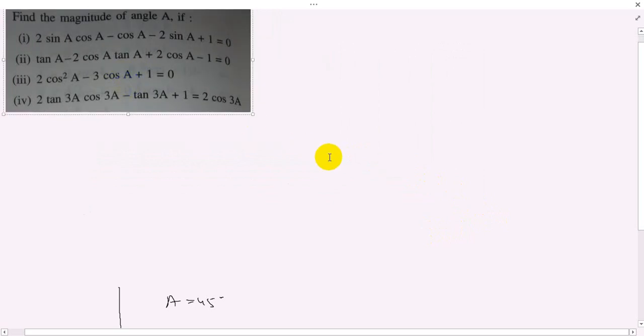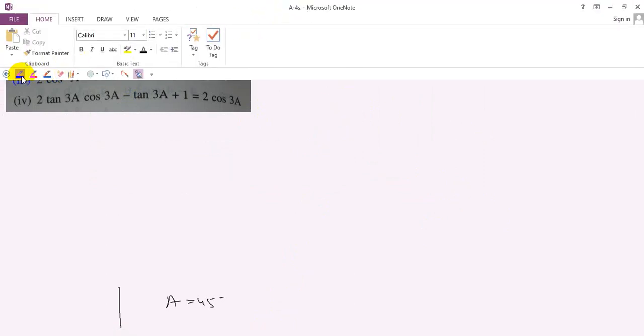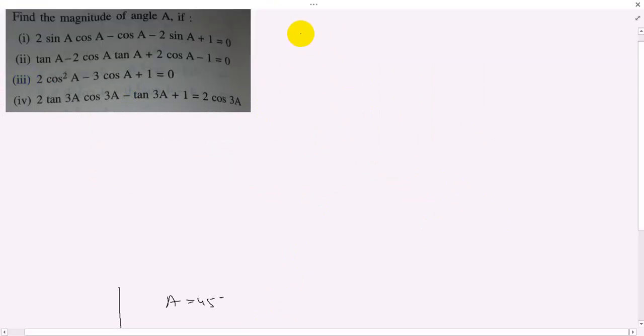Okay, now the last question. So 2 tan 3A cos 3A minus tan 3A plus 1 is equal to 2 cos 3A.